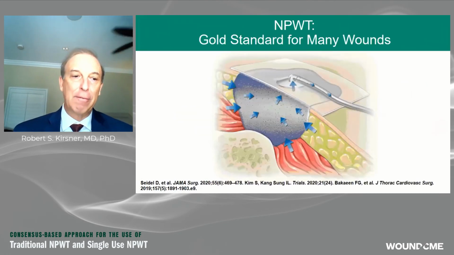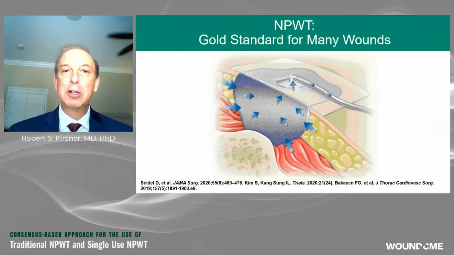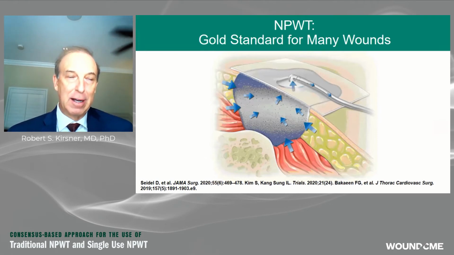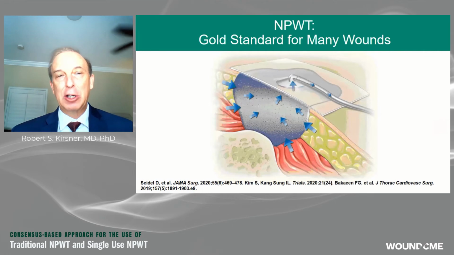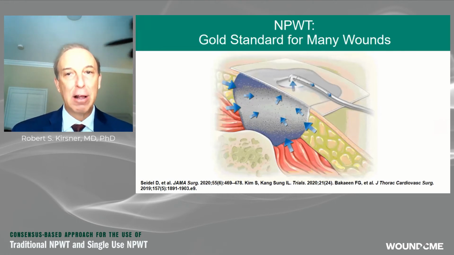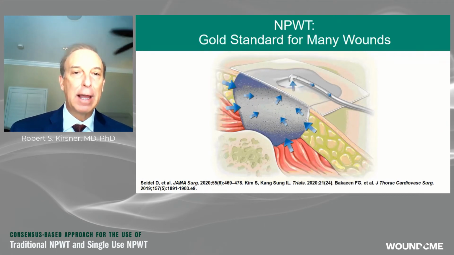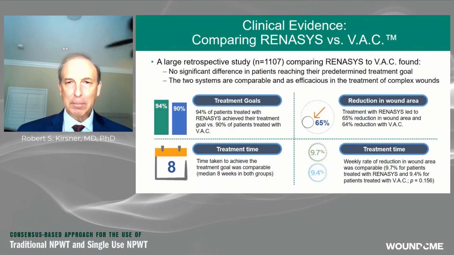Now, for many, negative pressure wound therapy is a gold standard for many types of wounds. And this experience, data, and clinical use of negative pressure wound therapy has evolved over the last 30 years or so, where we have a fairly high comfort level with it for many types of wounds.